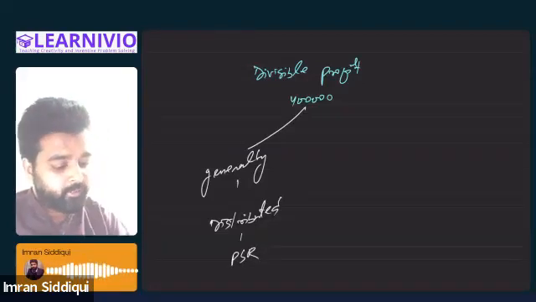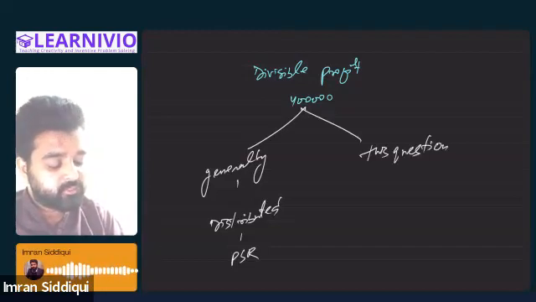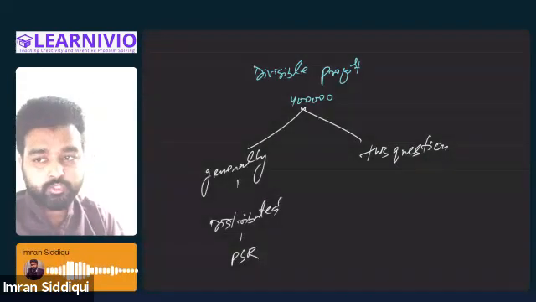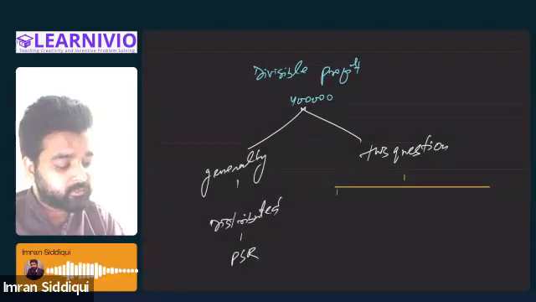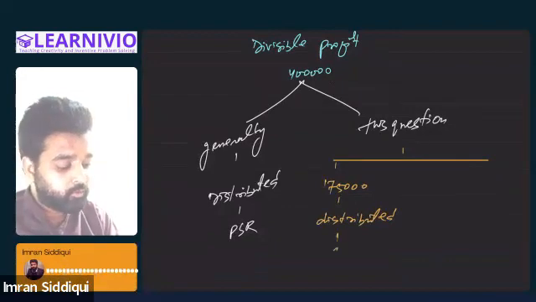But for this question, it says that out of 4 lakh, 1,75,000 needs to be distributed among the partners, but not in the profit sharing ratio, in their capital ratio.